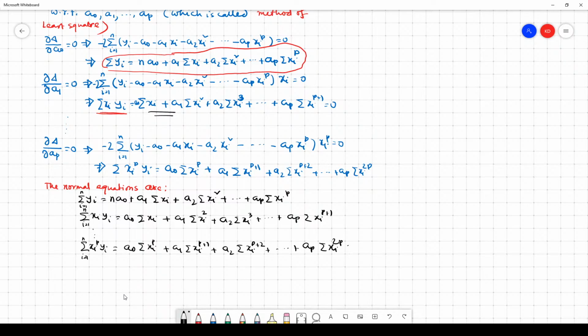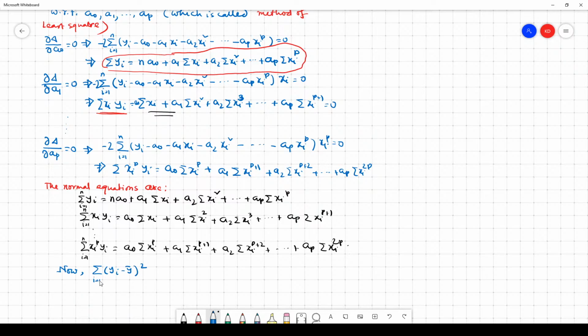So now, solving these normal equations, we can find estimates of a naught, a1, a2, ..., ap, and using these estimates we can easily predict yi using capital Yp.